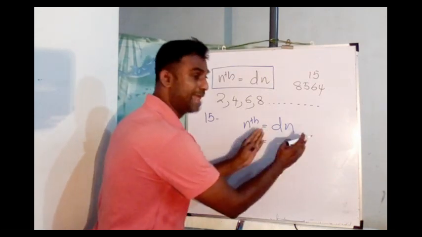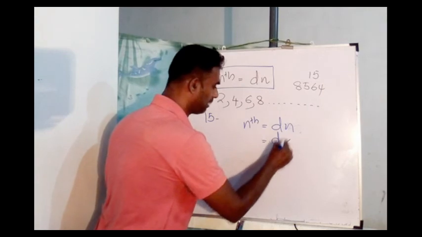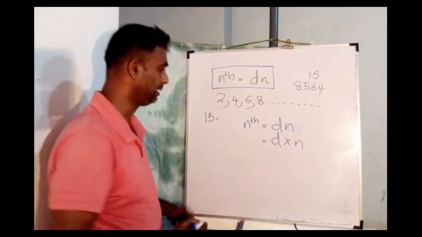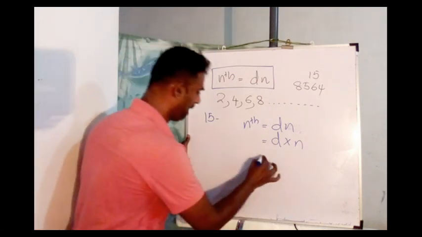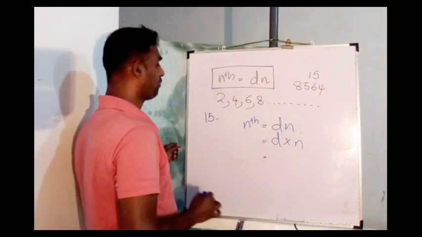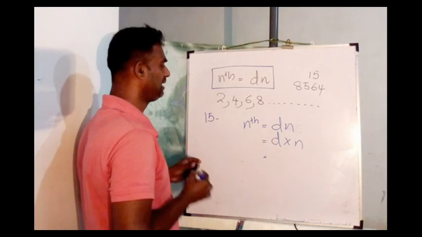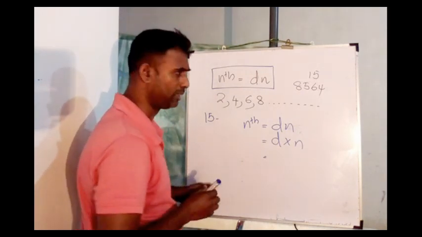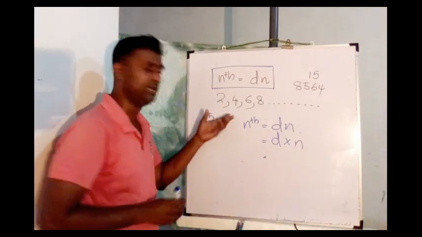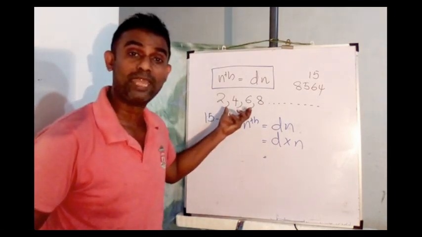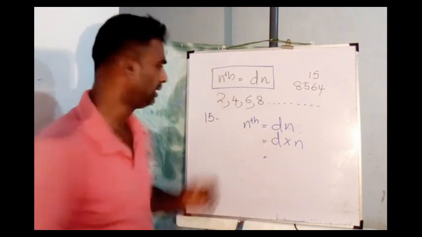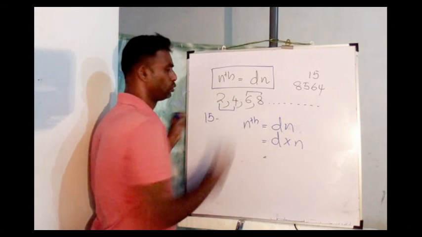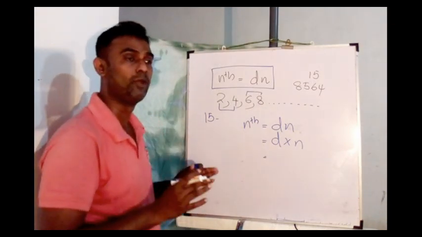Now, we want to find the d. How do we find the d? D is a common difference. For the common difference we take the difference between two close terms. From those two, we find d.